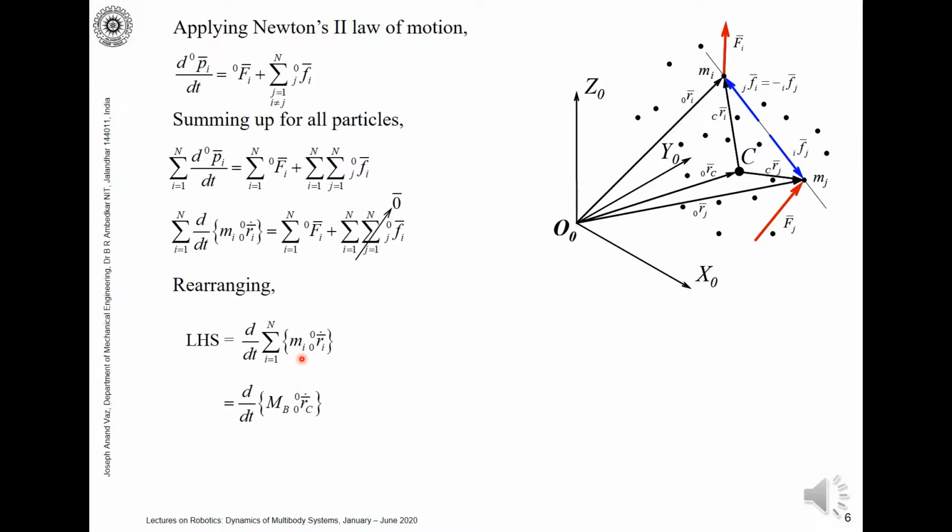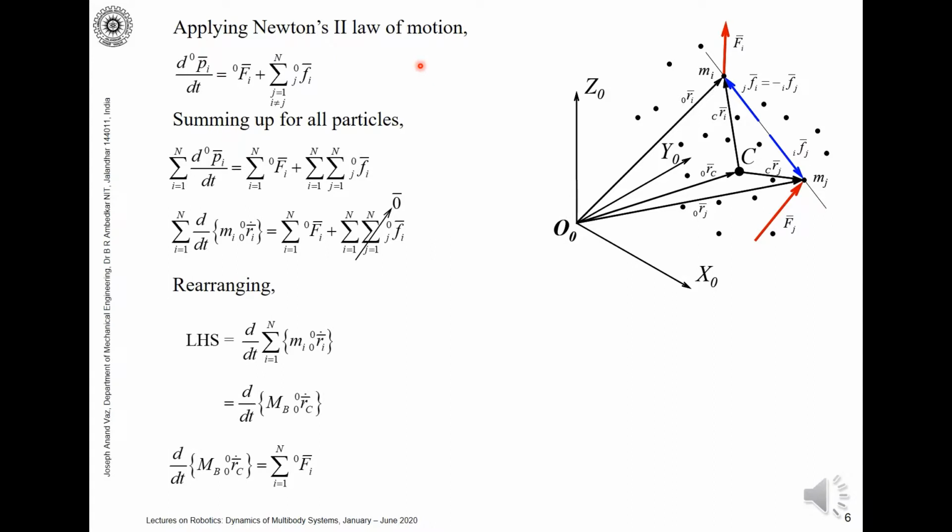And we know that the summation of m_i r_i dot is the same as if the whole system is moving with the velocity of the center of mass. So the rate of change of m multiplied by its velocity.